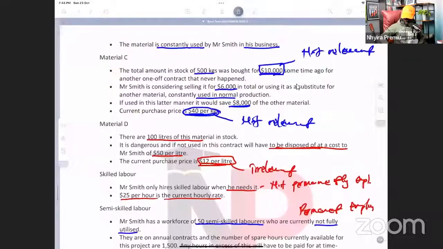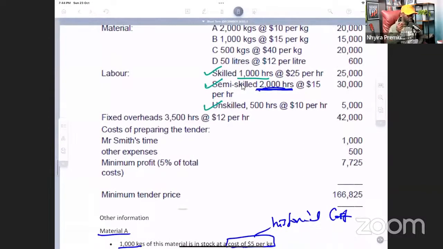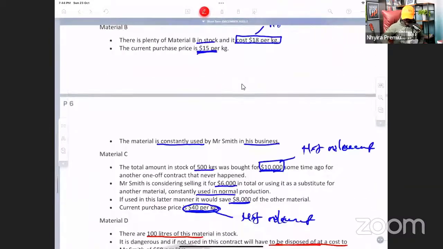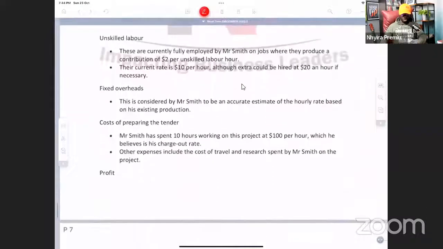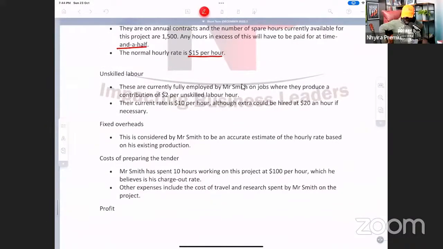Then I think there is a third type of labor, that is unskilled labor. Now we need 500 hours of these people. Let's see how the additional information will guide us on what has to be done in the context of this question.